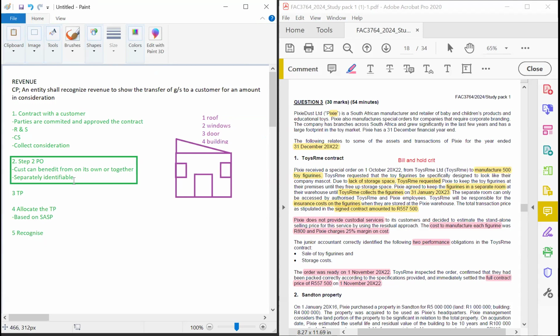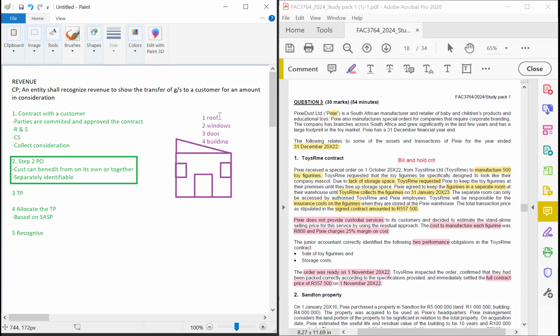Now, we need to answer this question for us to be able to know whether we can recognize them as separate performance obligations or as one performance obligation. So now, first question, can the customer benefit from the roof on its own or together with other things that are provided? Right? So, yes.